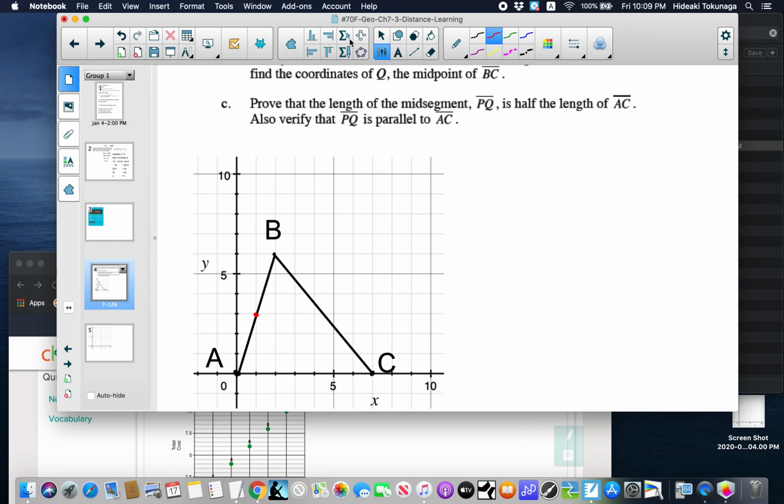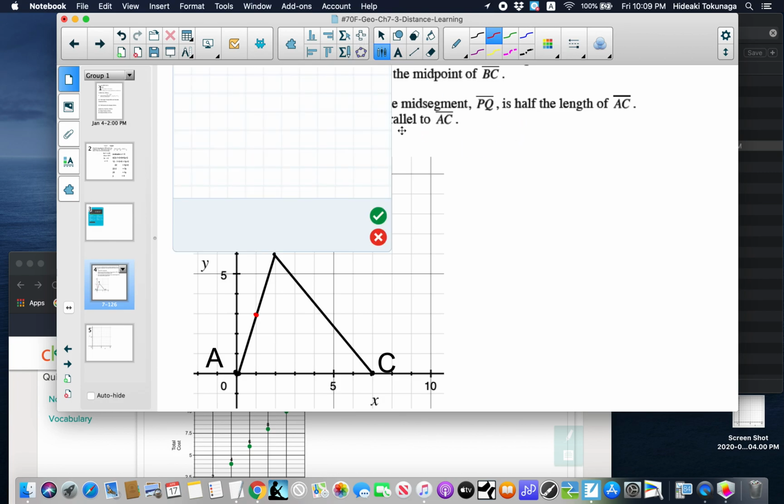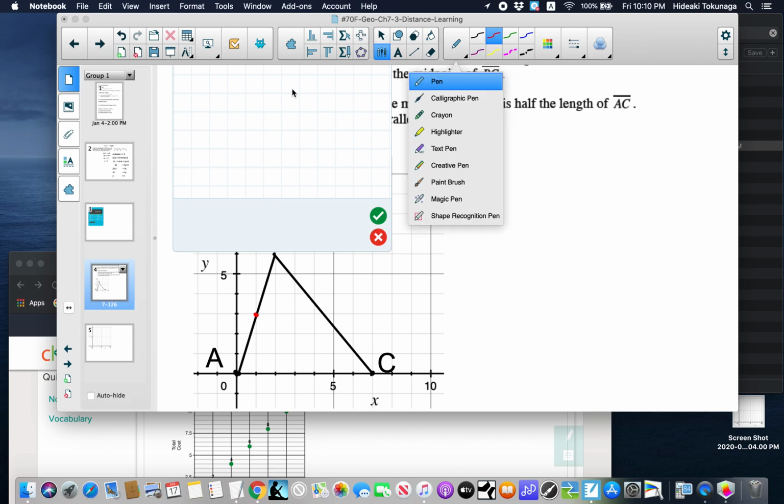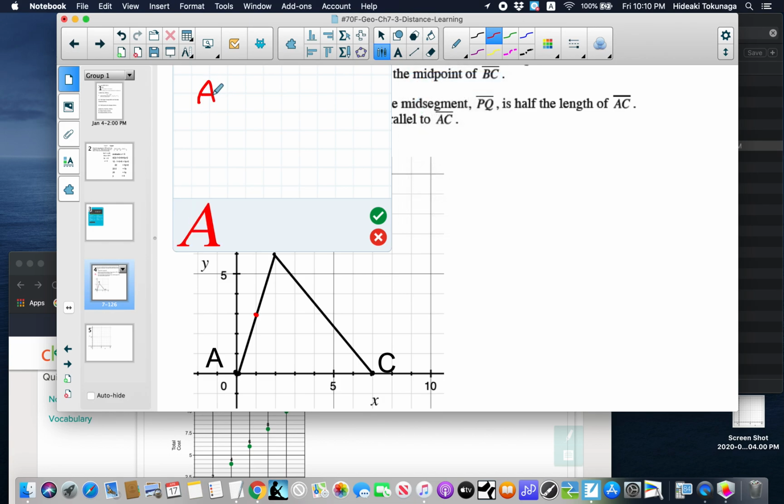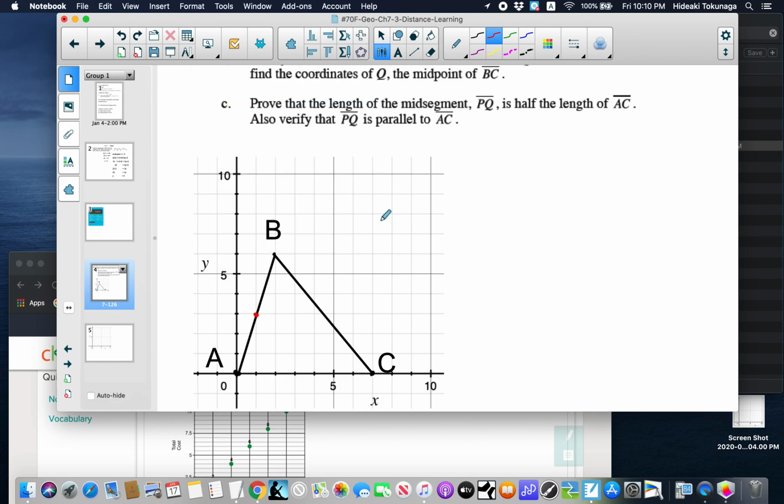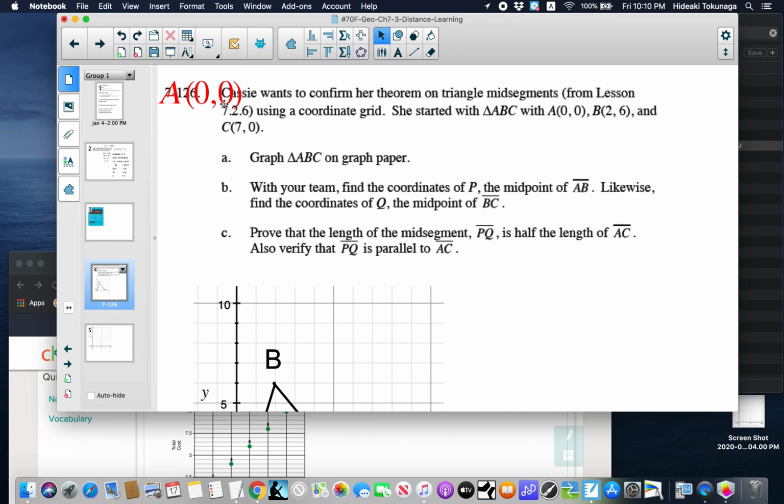So I use this pen tool. I should write down A. A is (0, 0).